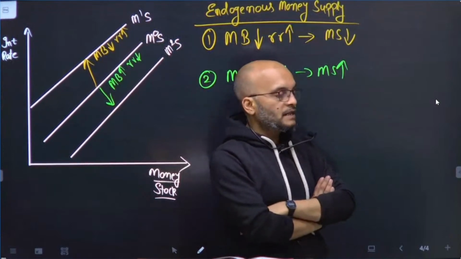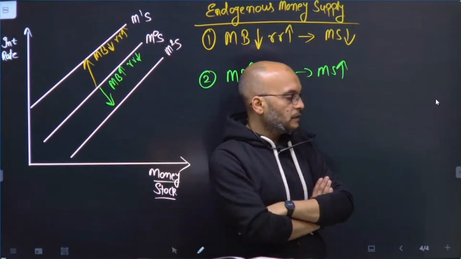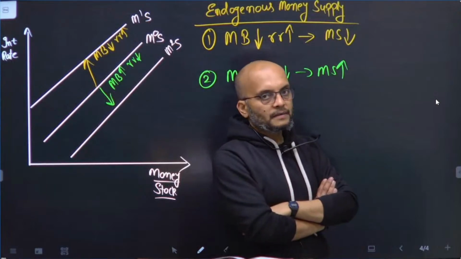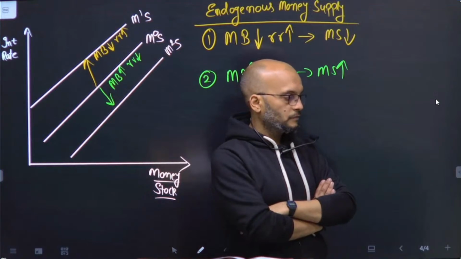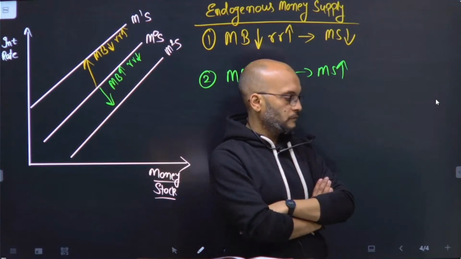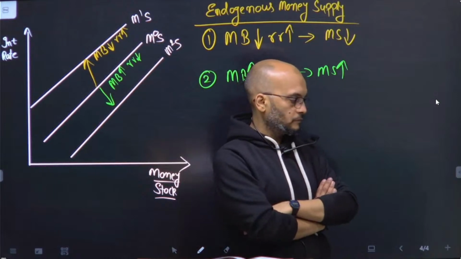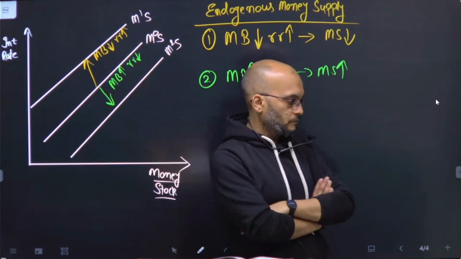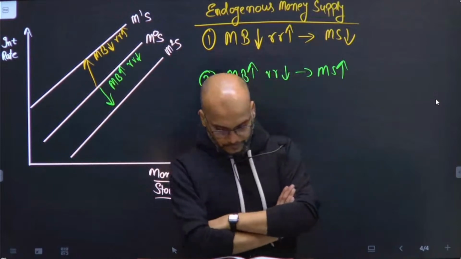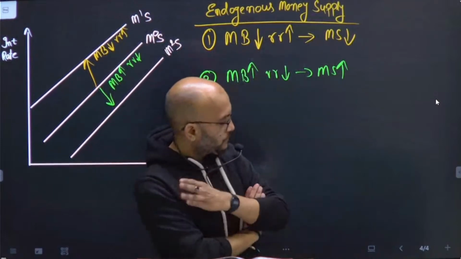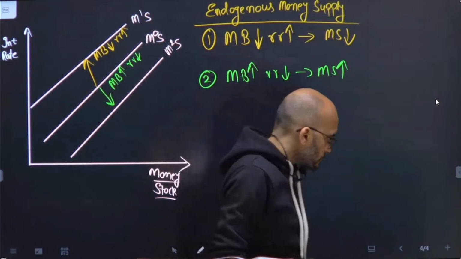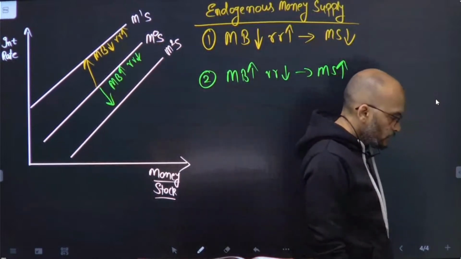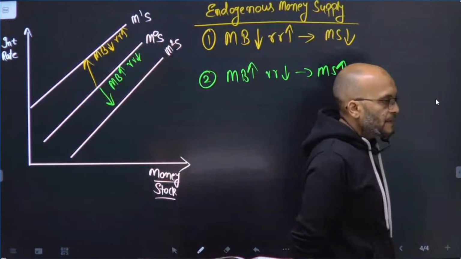Just tell me the relation of money supply with the monetary base and RR. Okay. And what about MS and RR?